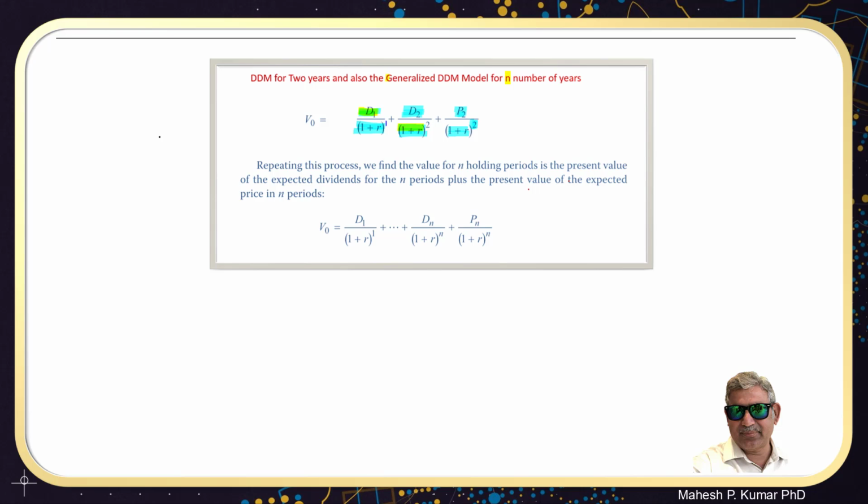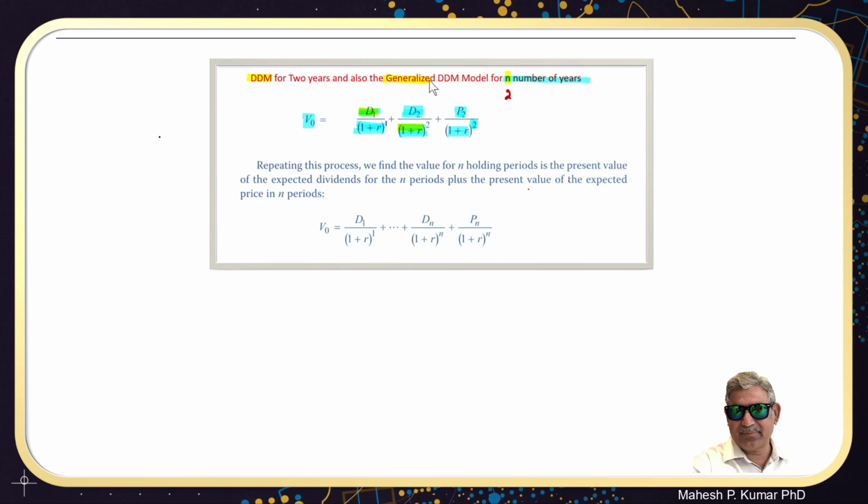So this is the value at zero. Value at zero means that today this is the intrinsic value of this share if we hold this share for 2 years. But the same formula can be generalized for n number of years. Since we are discounting the dividends, this discounting of cash flow is known as the dividend discount model, sometimes called DDM.